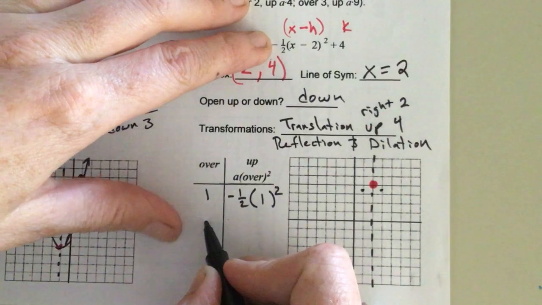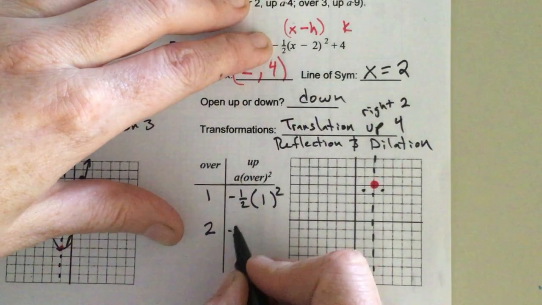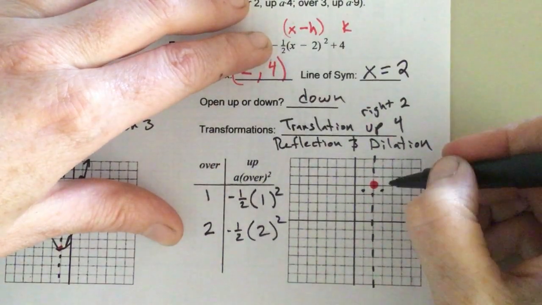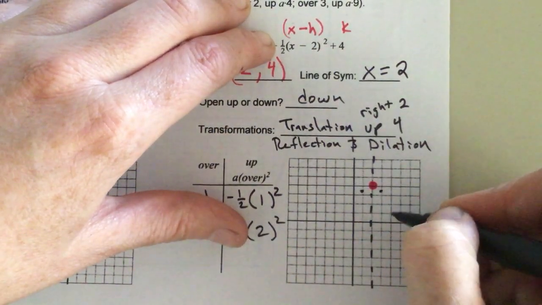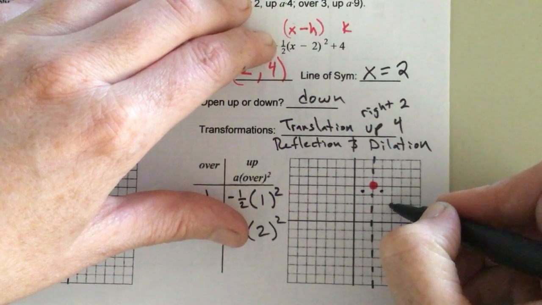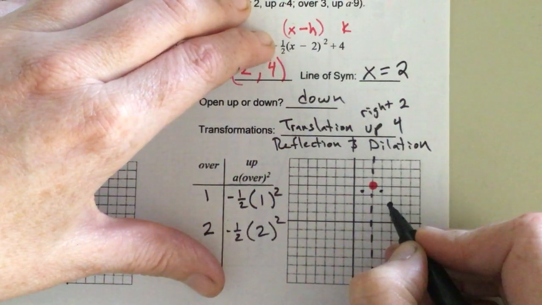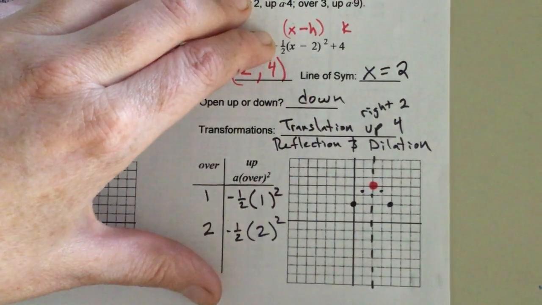If I go over 2, I would normally go down 4, right? But I'm going to cut that in half. So what's half of 4 is only 2. So I go over 2, down 2.